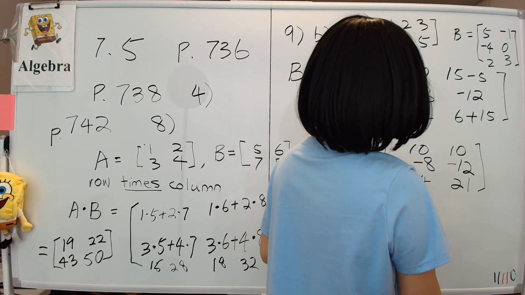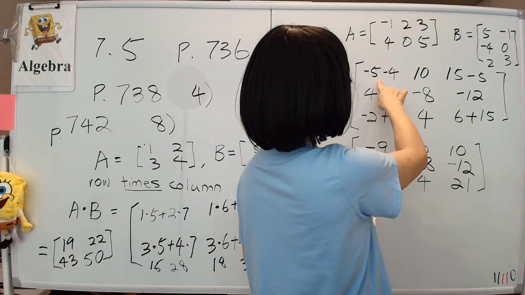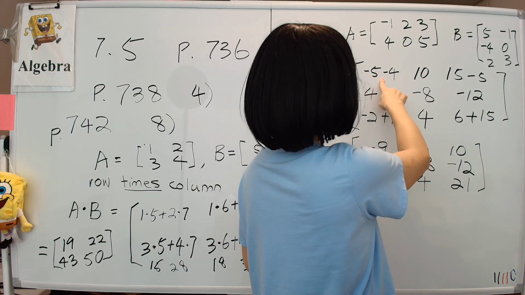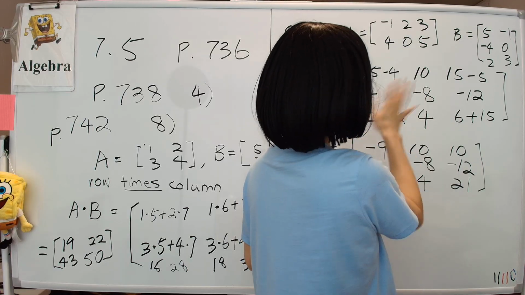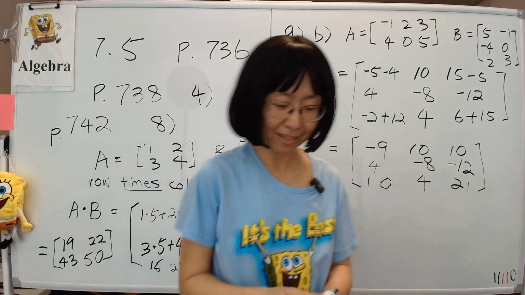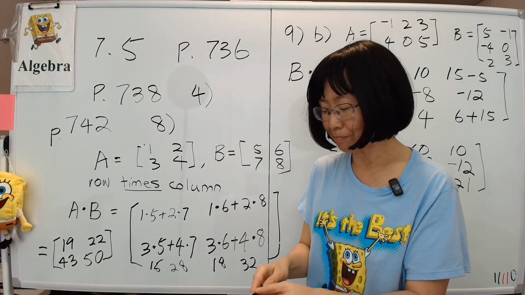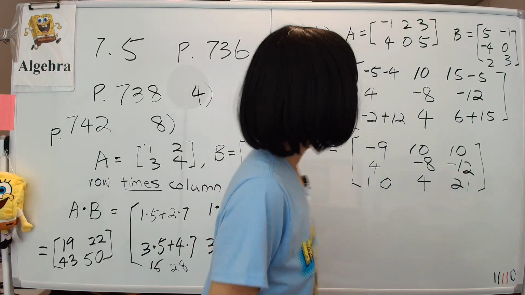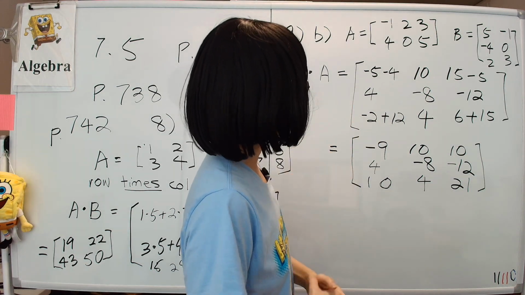So the first row times first column, the answer will be at 1, 1. First row times second column. Anyway, you get the idea. I can't remember the details of how this is explained, but that is how you multiply these. You multiply the row times the column, one at a time, and then work your way down.